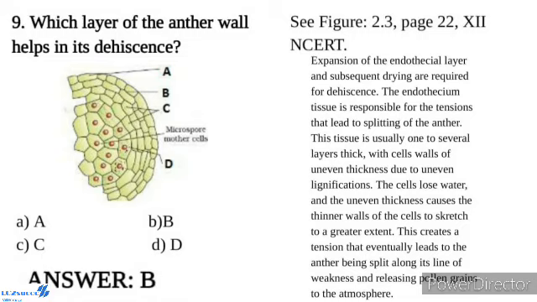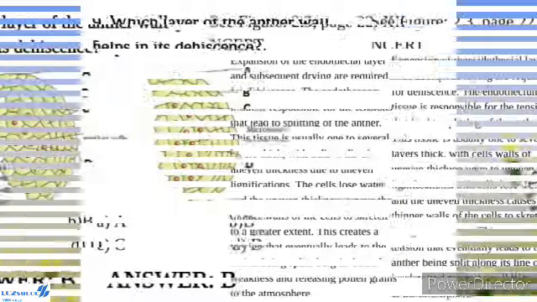The cells lose water, and the uneven thickness causes the thinner wall of the cell to stretch to a greater extent. This creates a tension that eventually leads to the anther being split along its line of weakness and releasing pollen grains to the atmosphere. In the diagram, A is epidermis, B is endothecium, C is middle layer, D is tapetum.